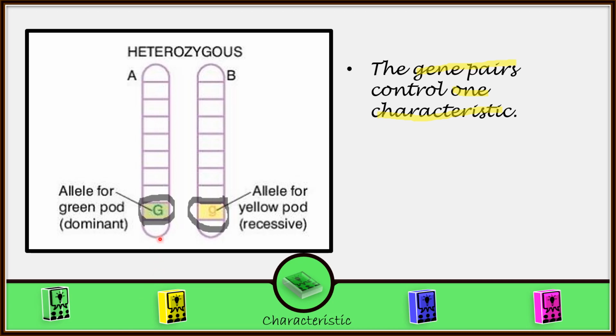So this pair of genes controls only one characteristic, and this characteristic is the color of the pod. It's what they are controlling.